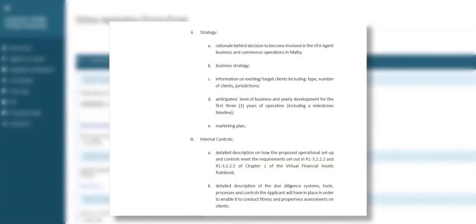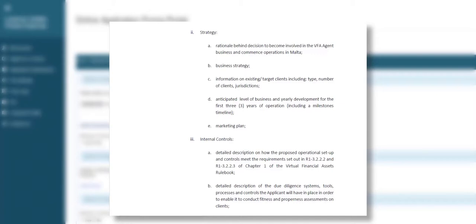decision to become involved in the VFA agent business and commence operations in Malta, a detailed description on the internal controls of the applicant, namely on how the proposed operational setup and controls meet the governance requirements set out in Chapter 1 of the Virtual Financial Assets Rulebook.